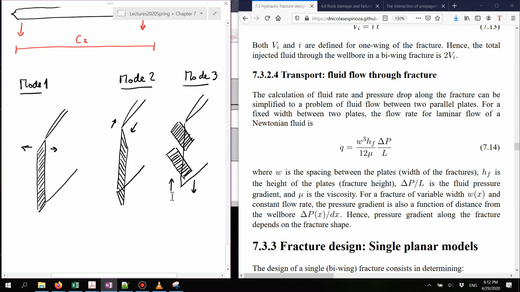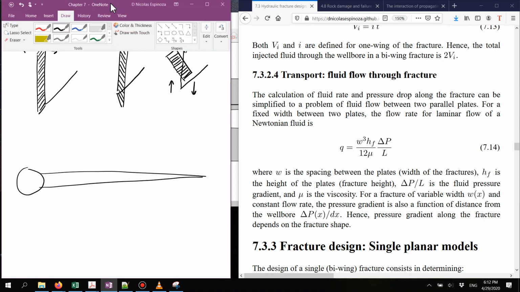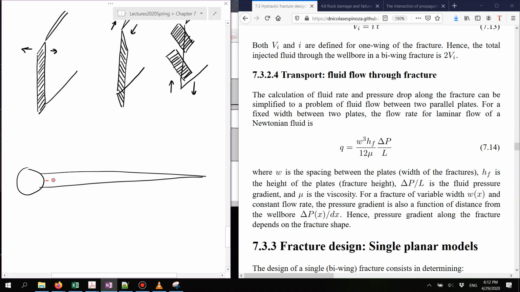If this is the wellbore and this is our fracture, then as the fracture propagates, we're going to have a fluid that, as we were saying, moves from the well through the fracture.